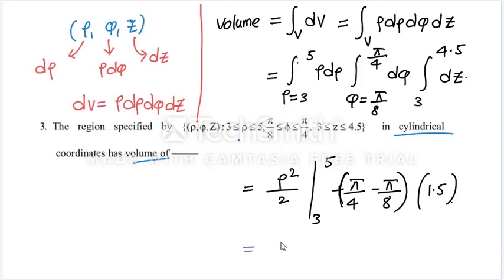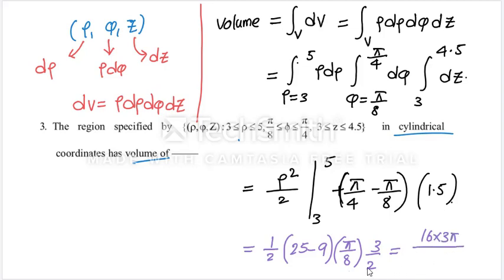What we will get is 1 by 2 into 25 minus 9, and this value pi by 8, and this is 3 by 2, and simplify. Finally we get 25 minus 9, which is 16, into 3 pi by 8 into 4.